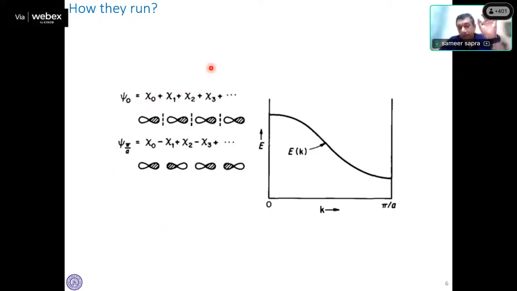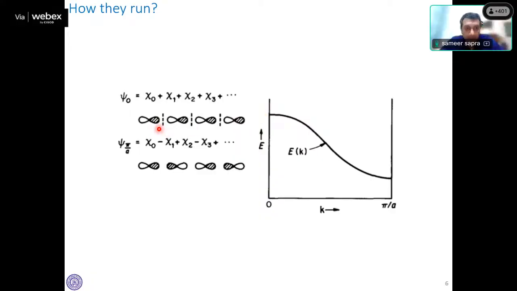Right now, we took the example of 1s orbitals, which are spherically symmetric, and when they were spherically symmetric, they were running from 0 to pi by a in the up direction. But take a look at p orbitals. What should I call it? Pz, let's say. Let's say that this direction is z.